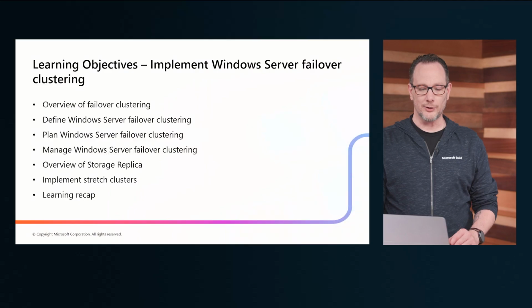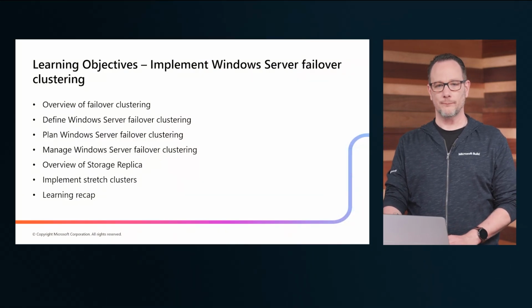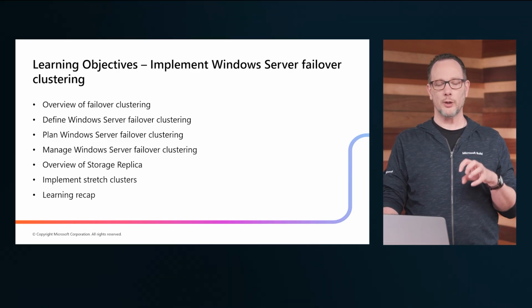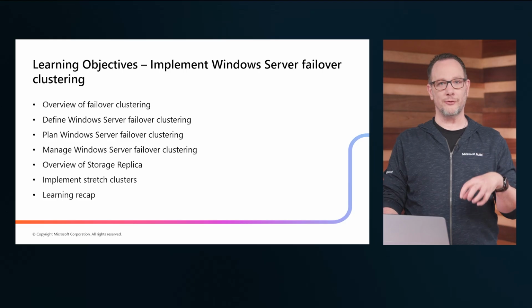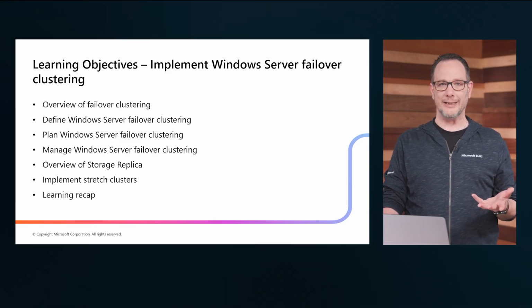So what does it mean to implement Windows Server Failover Clustering? It's the first section. It's all about the core of deploying a failover cluster, where we're going to start with what a failover cluster is, pretty easy.